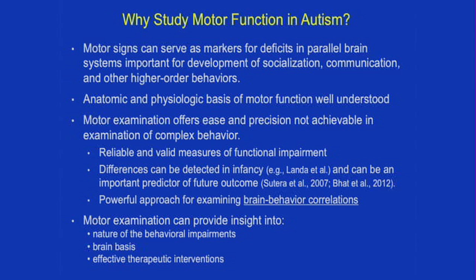Furthermore, differences can be detected at very early ages, in infancy, and there's been evidence that they can be important predictors of outcome in children with autism. And it serves as a powerful approach for examining brain-behavior correlations and gives us an ability to better understand the nature of the behavioral impairments, the brain basis, and effective therapeutic interventions.